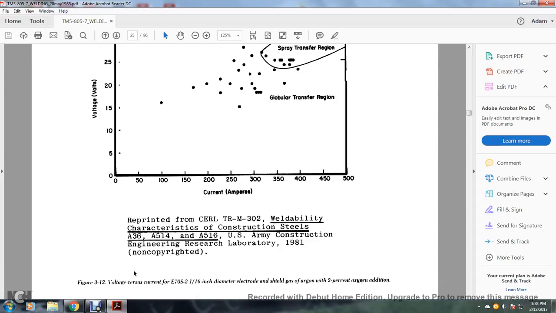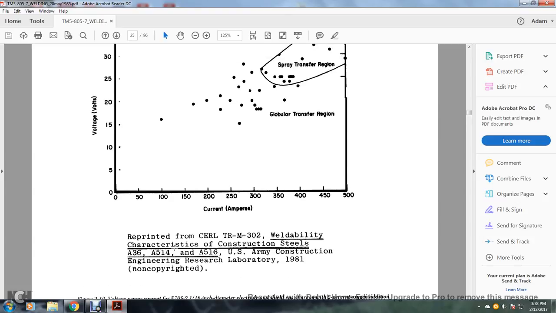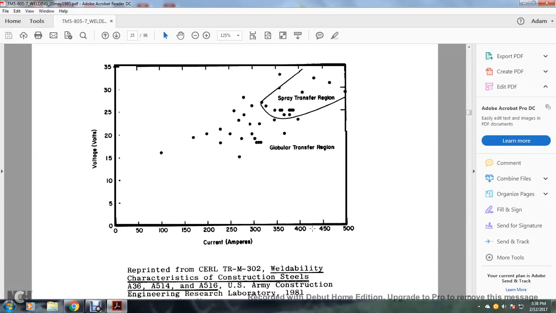Figure 312 shows voltage versus current with an E70S-2, 1/16-inch diameter electrode, shield gas argon with 2% oxygen addition. Your current in amperes runs from 0 to 500. You have a globular transfer region and a spray transfer region between the voltage ranges of 15 and 35.